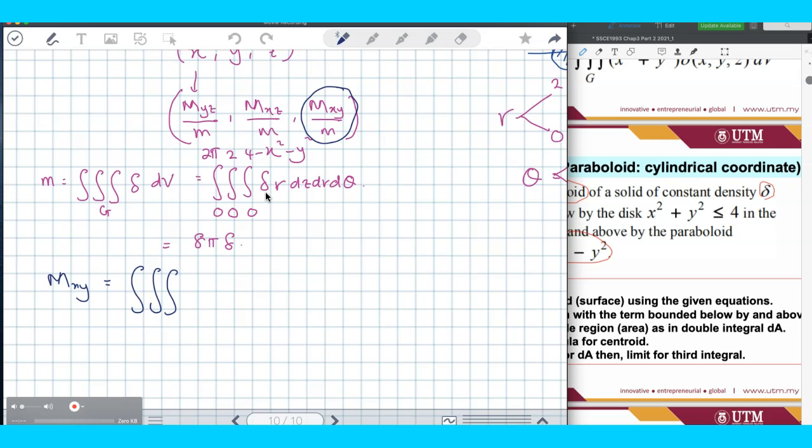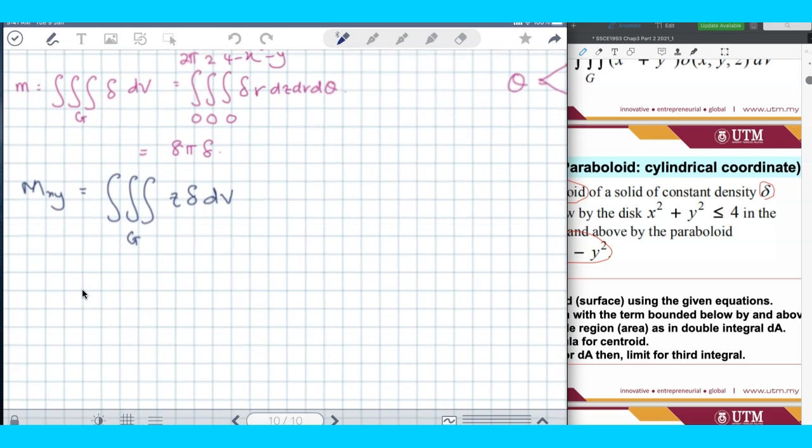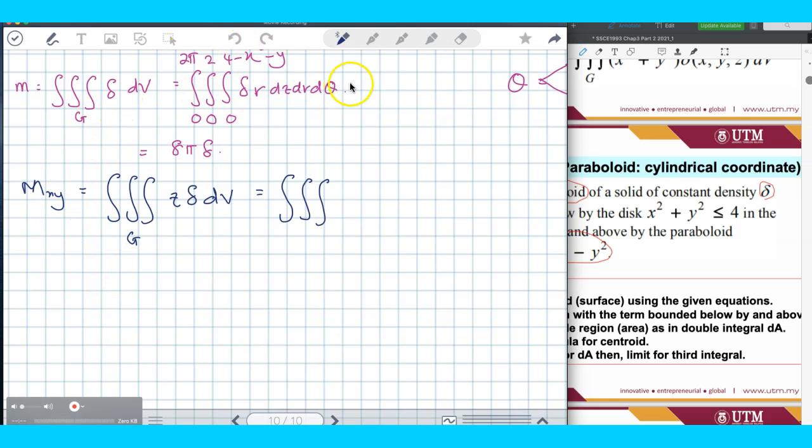The density function is just delta, and you are looking for the moment of mass with respect to xy, so you have to put z: z delta dV over the solid G. As in finding the mass, we use the same order and the same limits, and only the integrand is different.